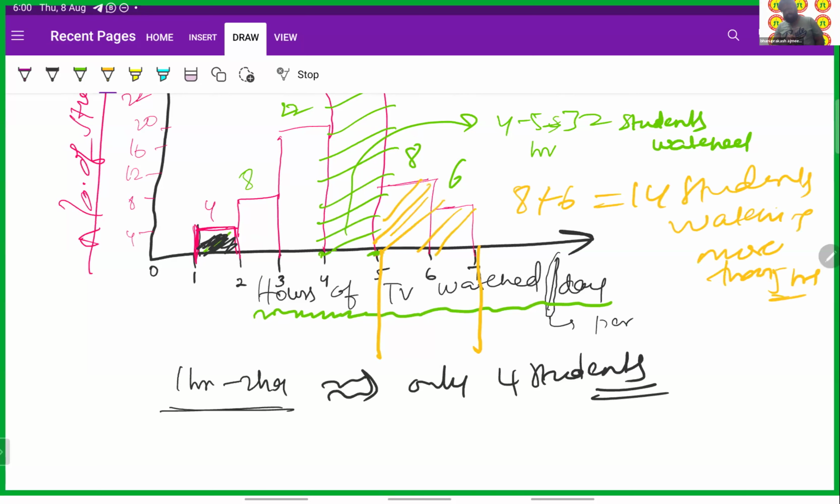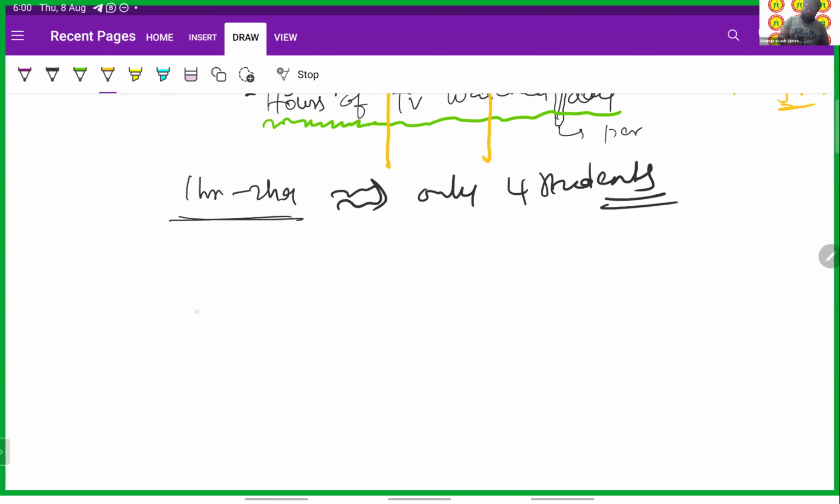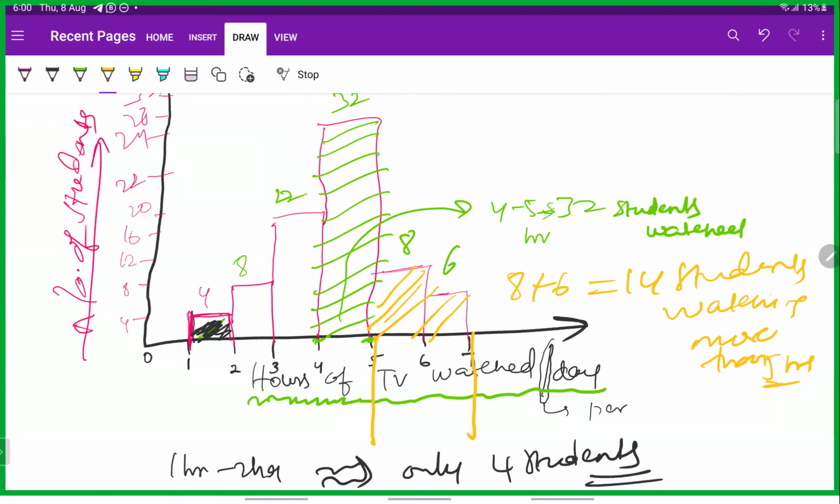Please send your answers on the chat box. Don't shout. What if I ask how many students are watching more than 3 hours? Only on the chat box. Sir, can you show it on the graph?